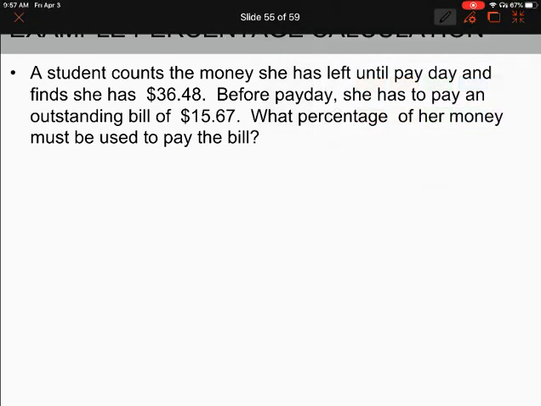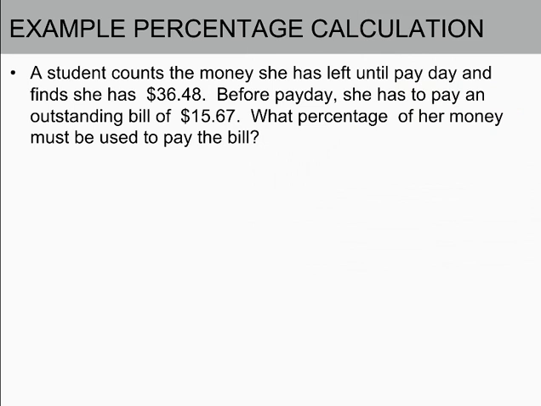Okay, so let's go over that calculation. Remember that a percent is equal to the part over the total multiplied by 100. In this case, the part would be $15.67.